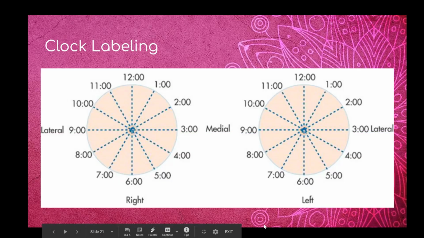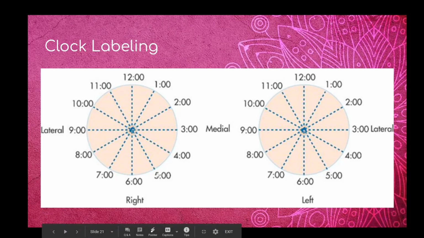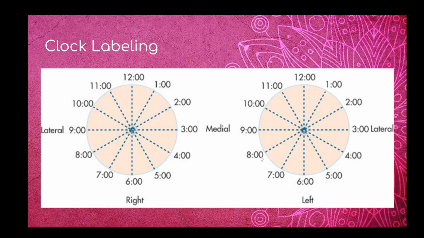What's more common these days is clock labeling. Clock labeling uses the face of a clock kind of superimposed onto the breast tissue, and we label lesions based on their clock position. So unlike the quadrant labeling where they mirrored one another, clock labeling just moves from the right breast, the clock moves directly over onto the left breast. There's no mirroring. It takes on the clock face directly as we would expect for each breast.